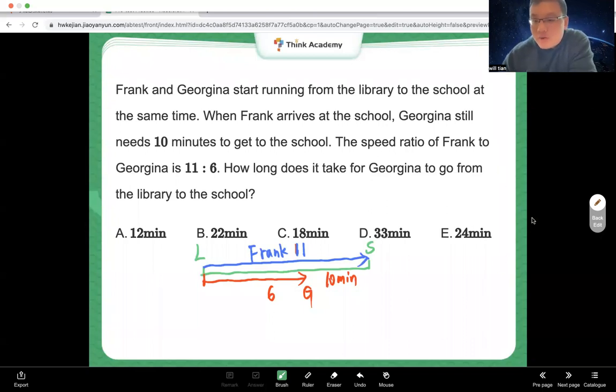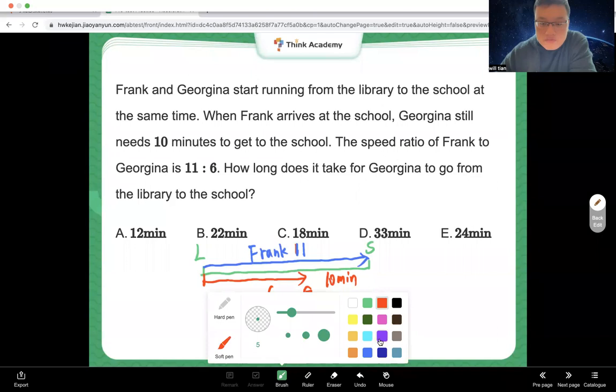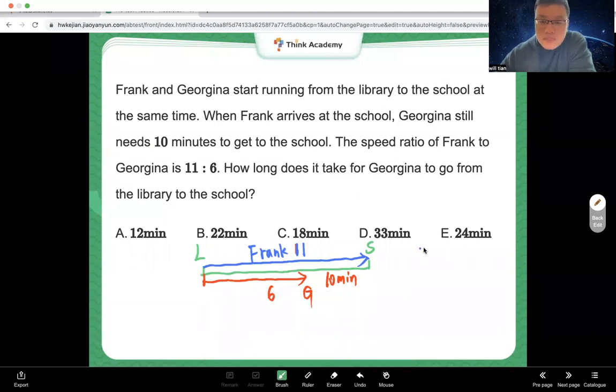So actually, if you know the ratio of the speed to cover the same distance from library to school, you will know the ratio of their time, right? That is Frank to George. And the speed ratio equals 11 to 6.